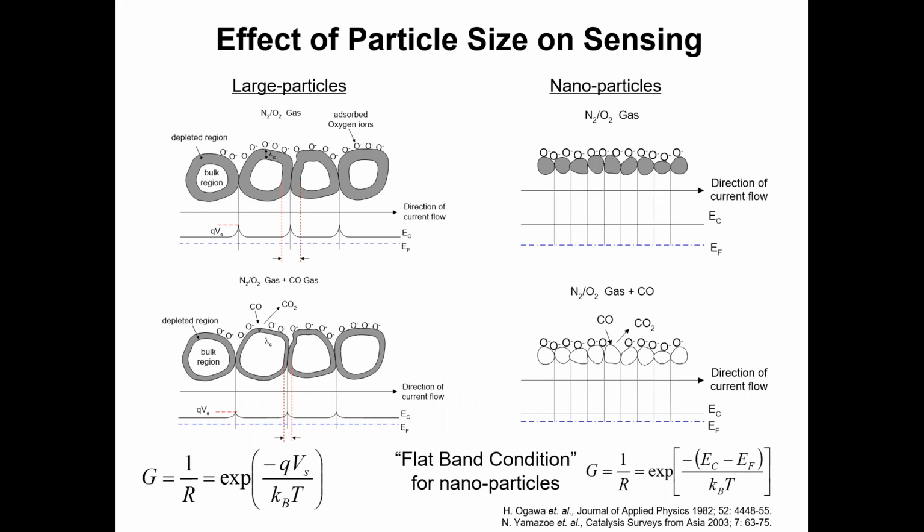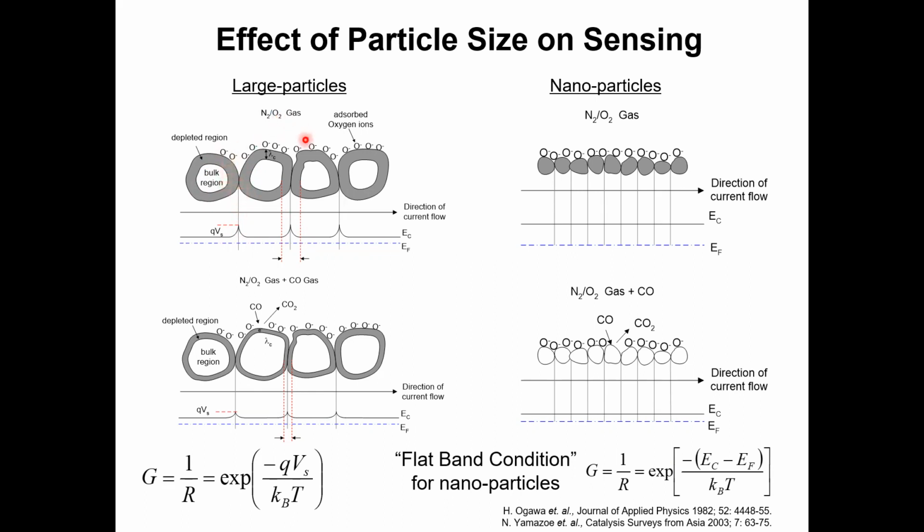Let me talk a little bit about what happens if you take large particle versus nanoparticle to make your sensor. So if you use particles larger than the depletion layer width, which is typically tens of nanometer depletion layer, you will have this bulk versus depletion layer and back-to-back Schottky barrier that we talked about.